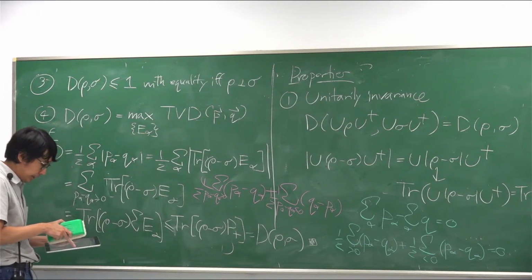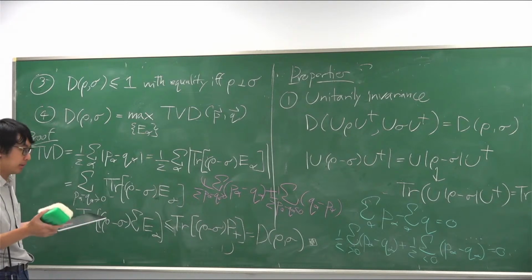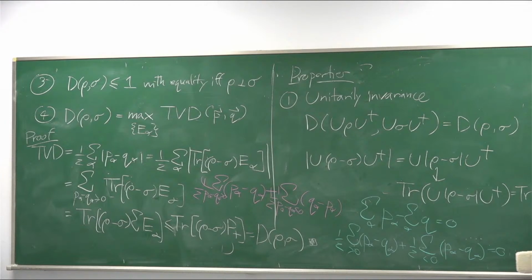And then I just list other properties before we go off to fidelity, but please feel free to ask anytime if you have any questions. When we say rho is perpendicular to sigma, what does it mean? Mathematically, trace of rho sigma equals zero.